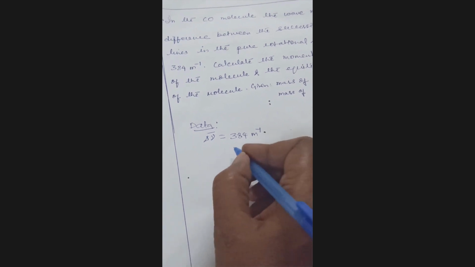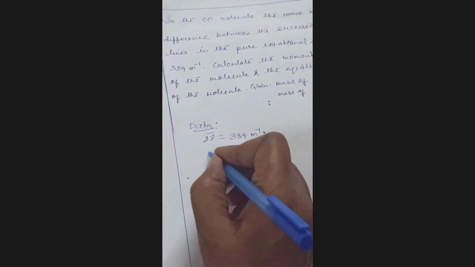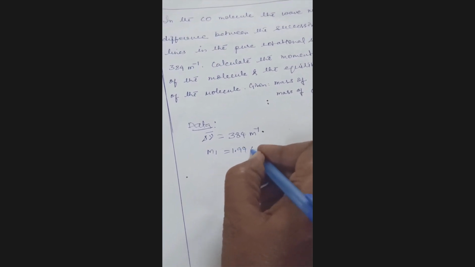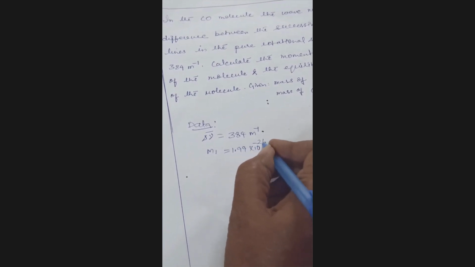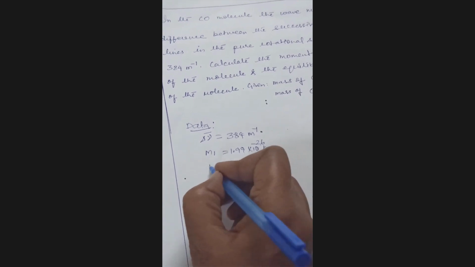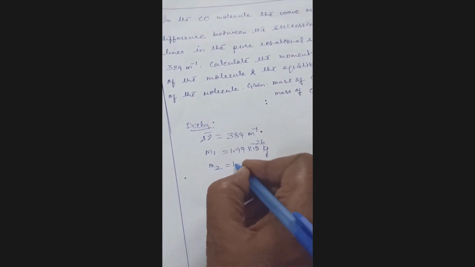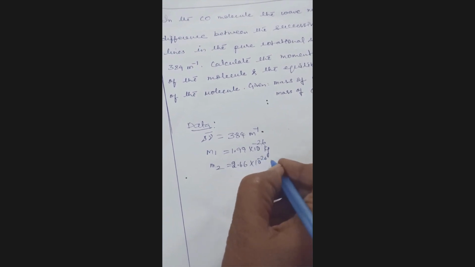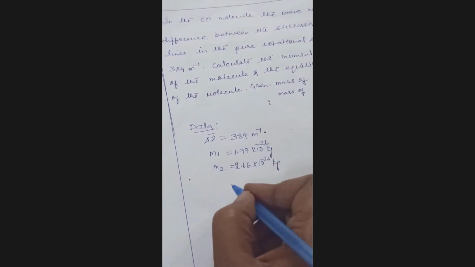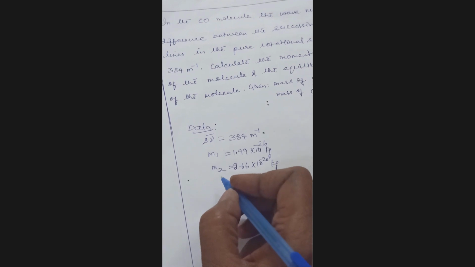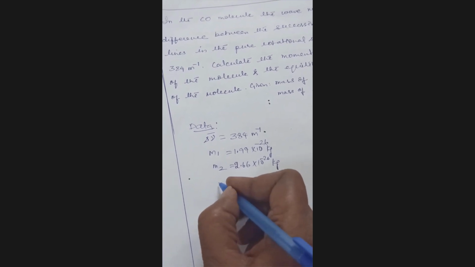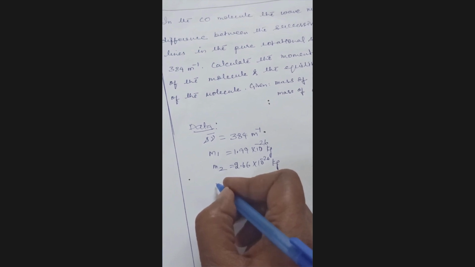and mass of carbon, straight away they have given it in kgs. Mass of oxygen 2.66 10 raised to the power minus 26 kgs. Now what are we trying to calculate here?